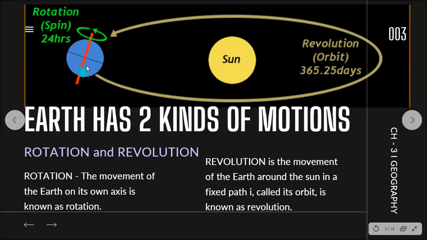So rotation happens on the earth's axis while revolution happens on the earth's orbit. And this orbit, if you can see, is known as the orbital plane. It takes 365 days, 5 hours, 48 minutes and 56 seconds to complete one revolution, and it takes 24 hours to complete one rotation, right?